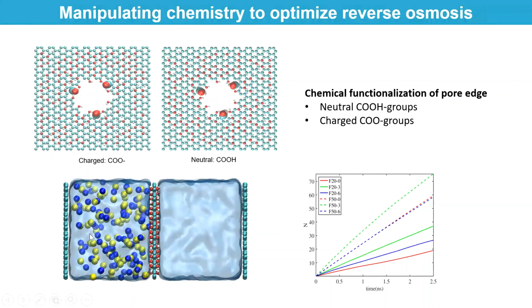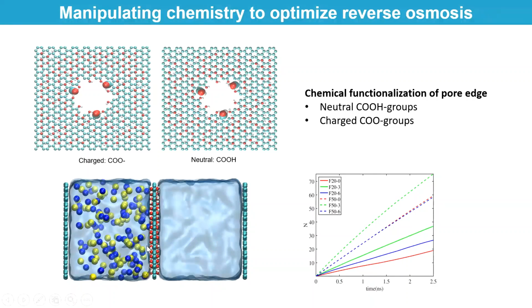Once we have this idea, we can put it to the test. Here we have a single graphene oxide layer, and on this layer we drill holes and decorate the edge using a COOH group or COO minus group. Then we put sodium chloride solution in the left chamber and just water in the right chamber.